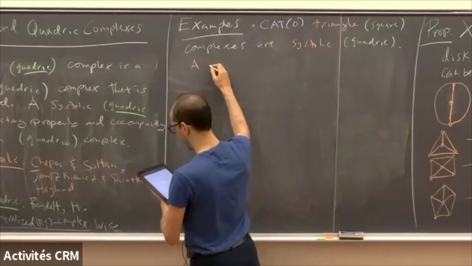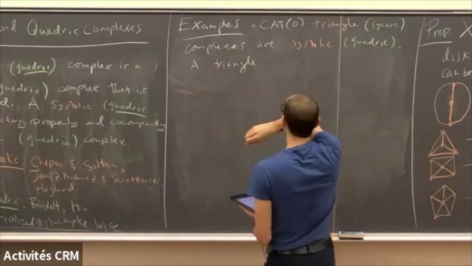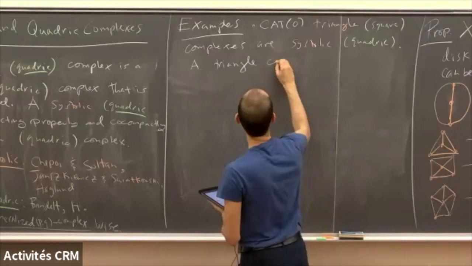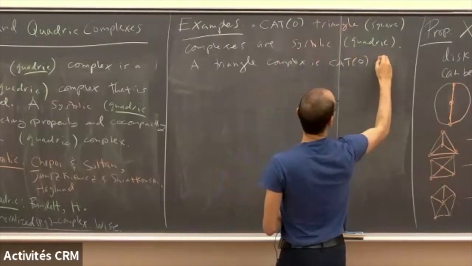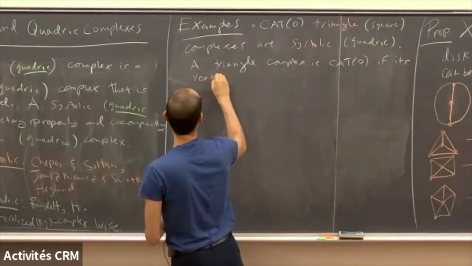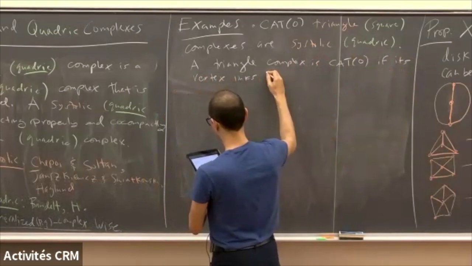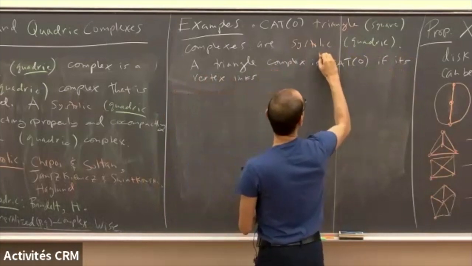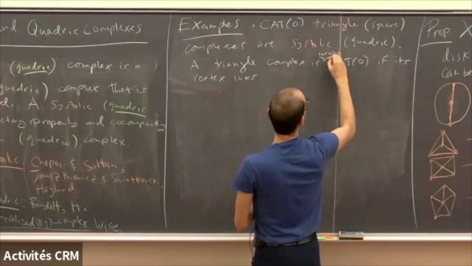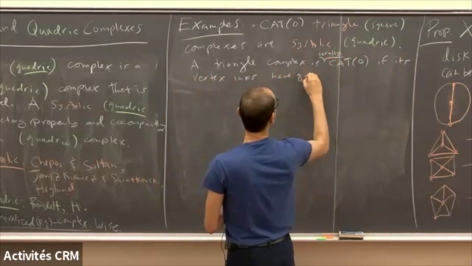And I'll just say, you know what a CAT(0) square complex or triangle complex is. It's CAT(0) if, locally, its vertex links have girth at least 6.